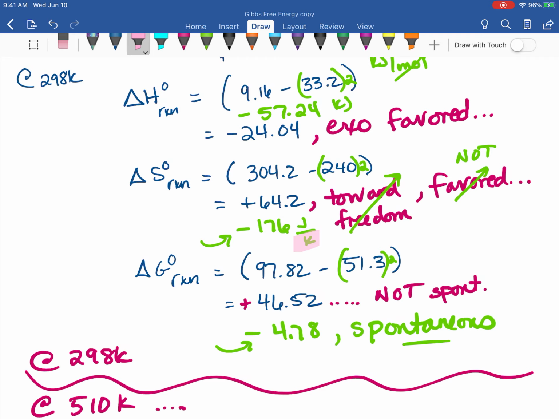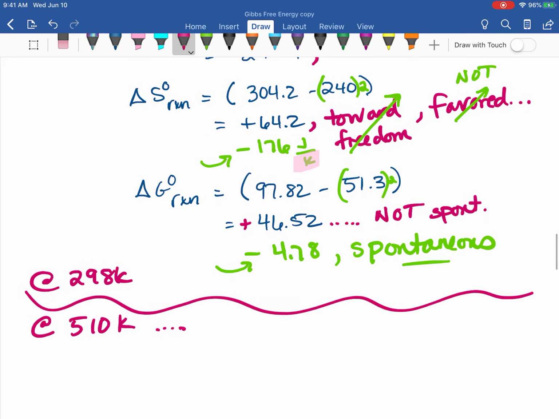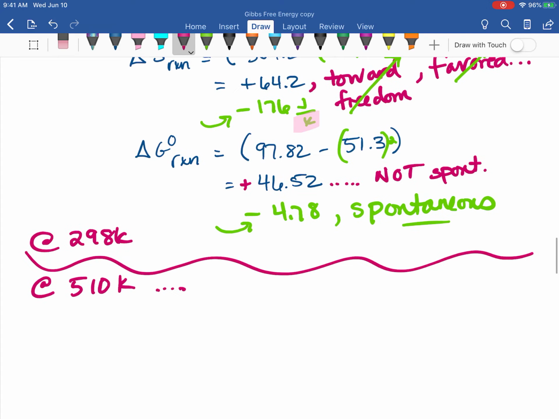Our temperature is going to change our entropy. So there are two equations for Gibbs free energy. That first one is if you're at room temperature, products minus reactants. The second one is that if we have a different temperature, we are going to use our table. In fact, I'm not at standard temperature here, so I shouldn't really have that little knot there.